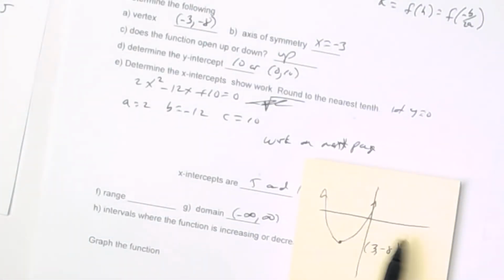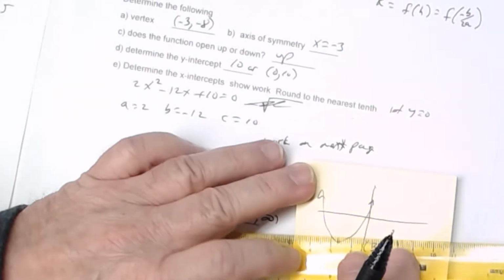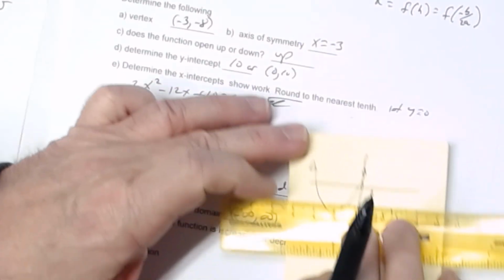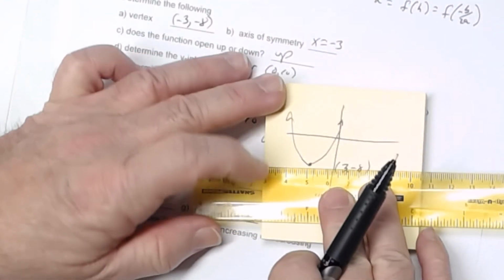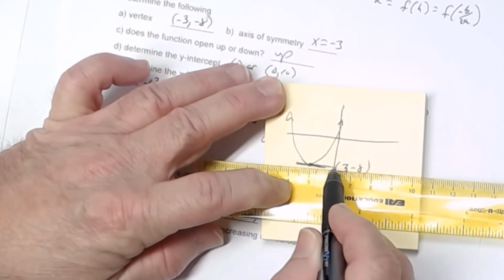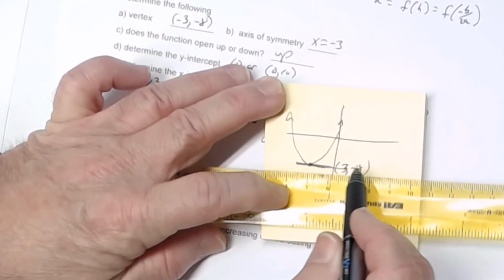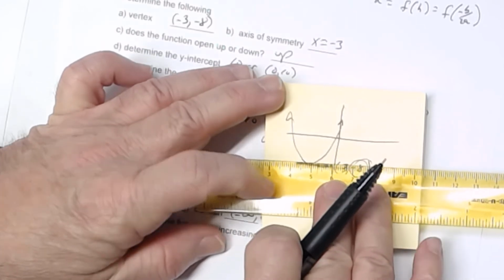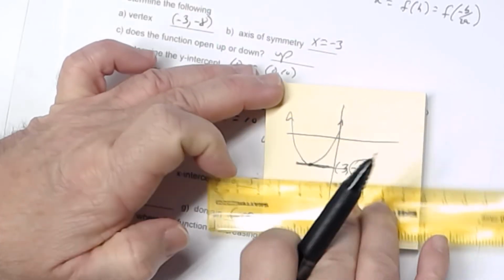Now I know the domain is all real numbers. Now the range I can find right away without even actually looking at a perfect graph. The range, you're going along the y-axis, aren't you? So I guess along the y-axis, I'm touching the graph here where y is -8. So you're going from -8 all the way to infinity.